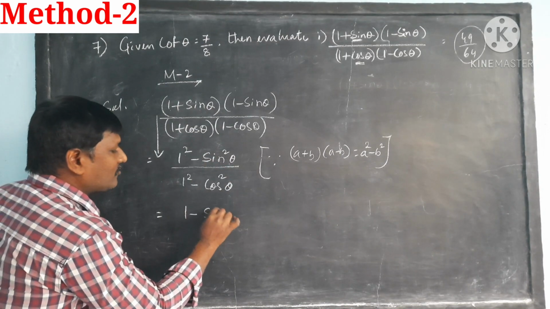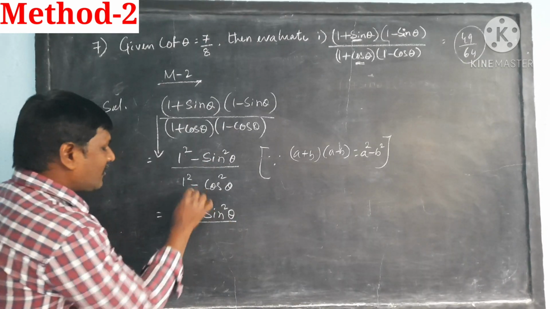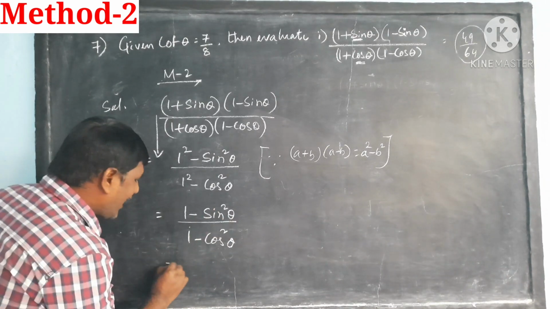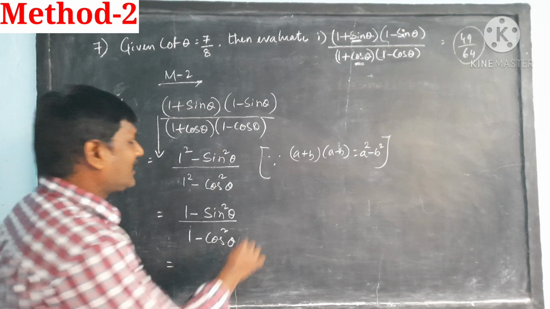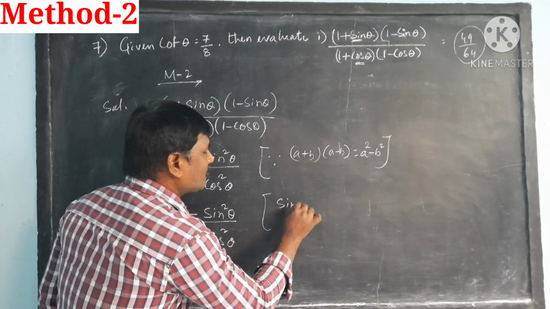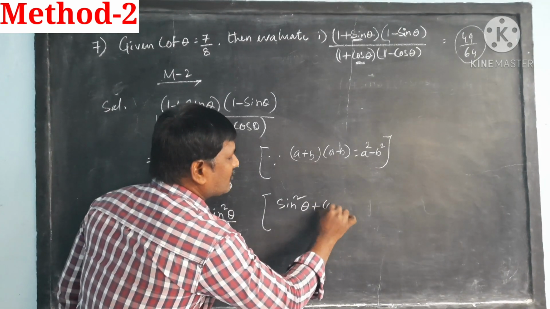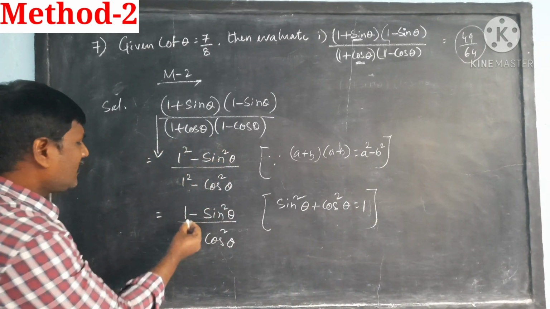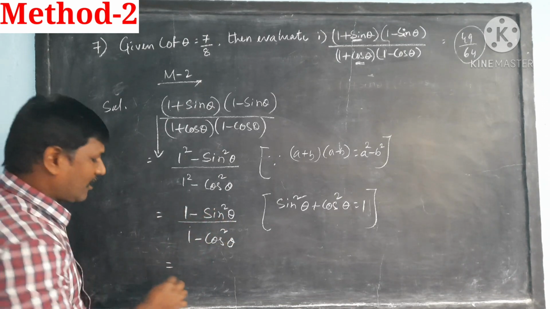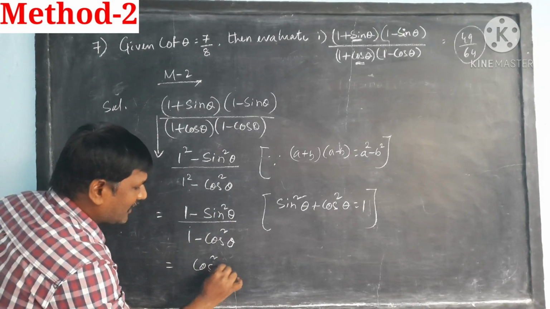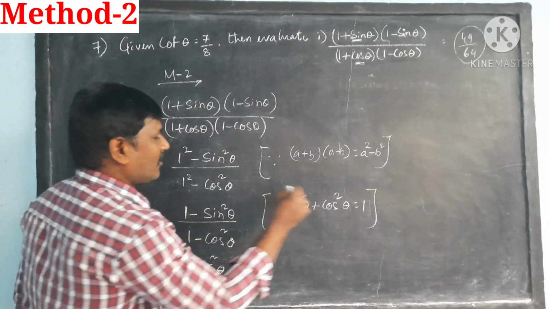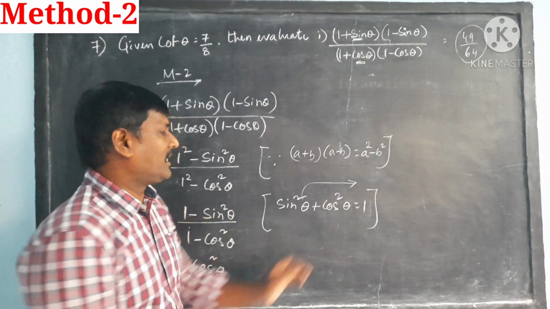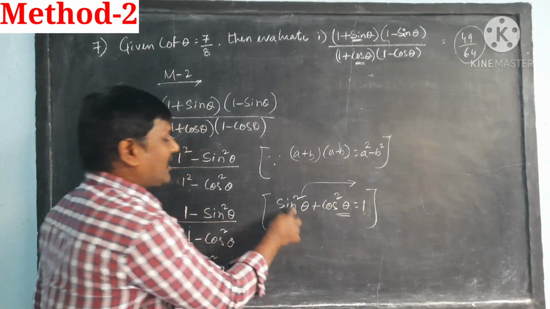Here we apply another trigonometric identity: sin square theta plus cos square theta is equal to 1. That means 1 minus sin square theta is directly cos square theta. This is because if you send sin square theta to the right side of this identity, then cos square theta is equal to 1 minus sin square theta.